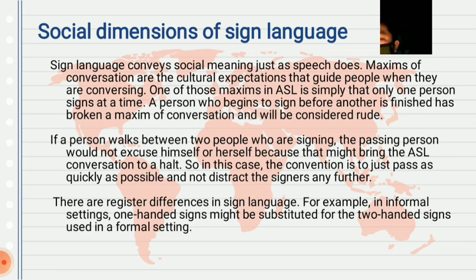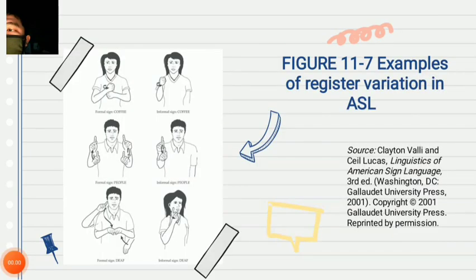There are register differences in sign language. For example, in informal settings, one-handed signs might be substituted for the two-handed signs used in a formal setting. That is what the figure shows.